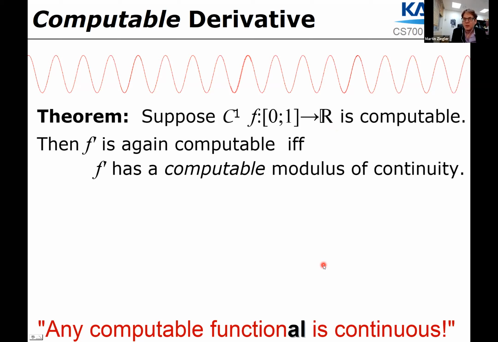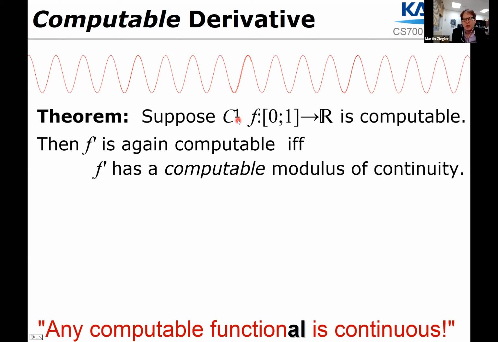That was one of the parts of the condition of one of the three notions. So indeed, this is a necessary condition for the derivative to be again computable, requires that the derivative has a computable modulus of continuity.